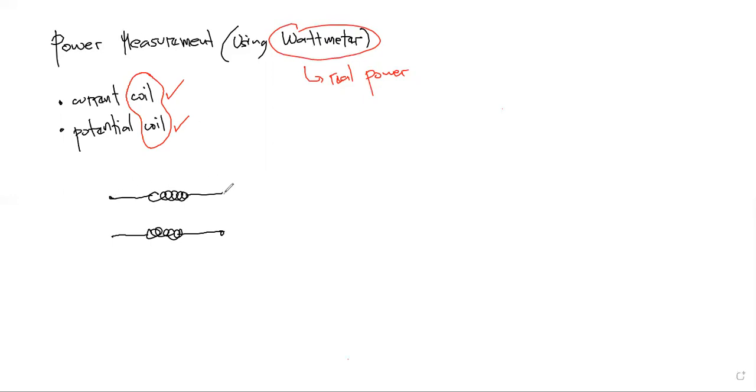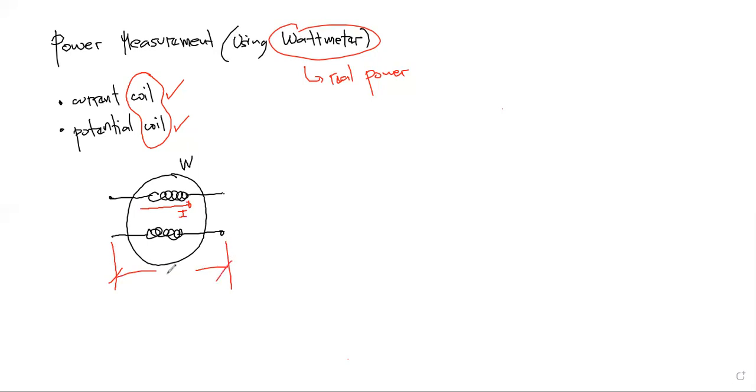The reading of the wattmeter is given by, assuming that we have here a current I, and here the voltage V across the potential coil.